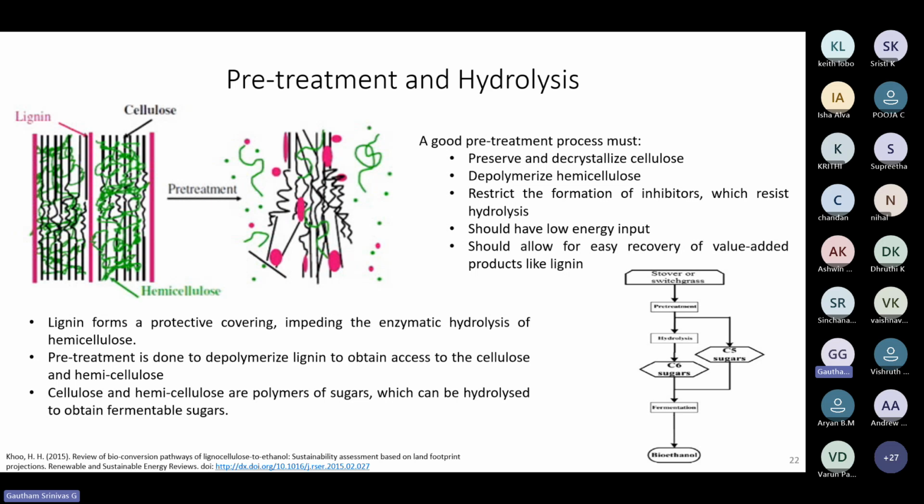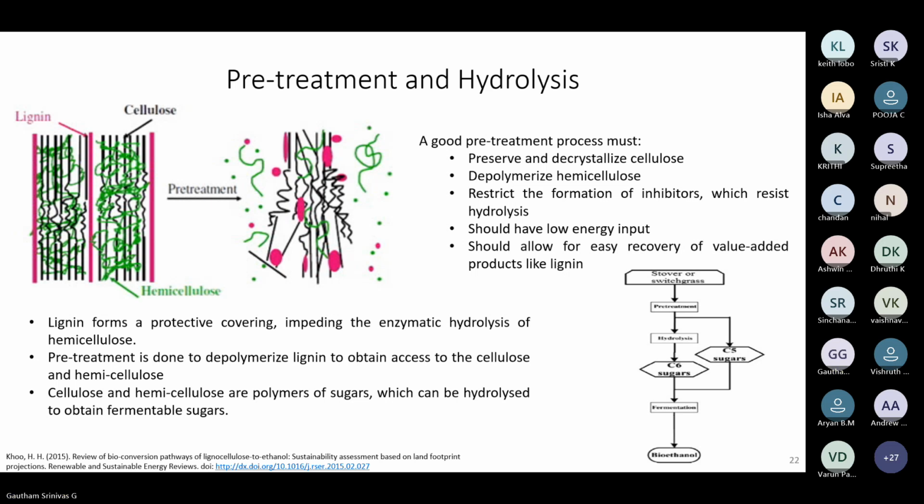Okay, and restrict the formation of inhibitors. So what are inhibitors? Because you're using some chemicals for the pretreatment, and those chemicals might be harmful for the bacteria that are doing the hydrolysis. Okay, so if there are chemicals that are detrimental to the bacteria performing the hydrolysis, they inhibit the bacteria. So they are called inhibitors.